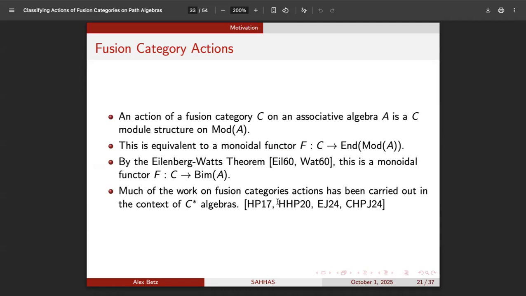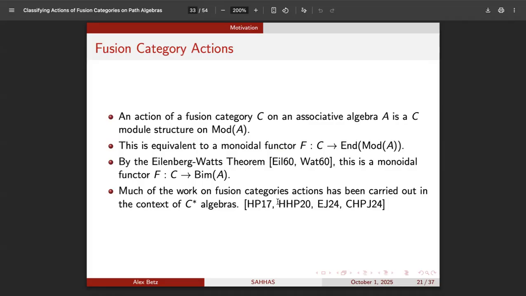An algebra is an object in a category, but how do you act on these things? The way you do this is you bump up the algebra to a category by looking at its category of modules. And so an action of a fusion category is a C module structure on the modules over that algebra.